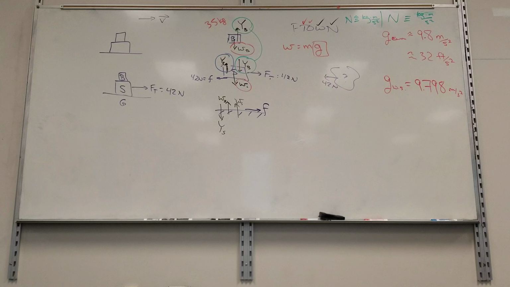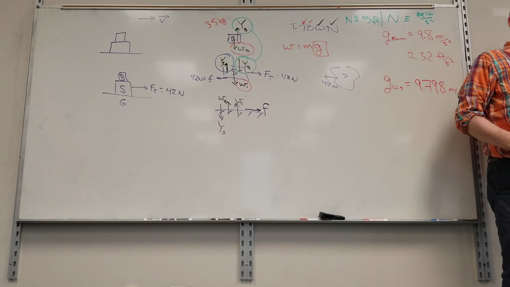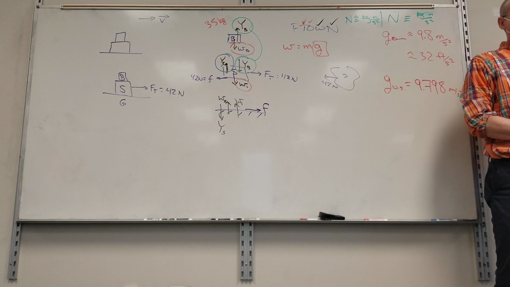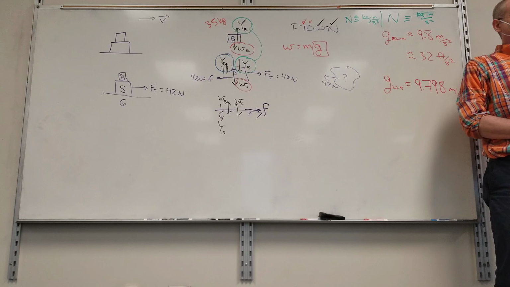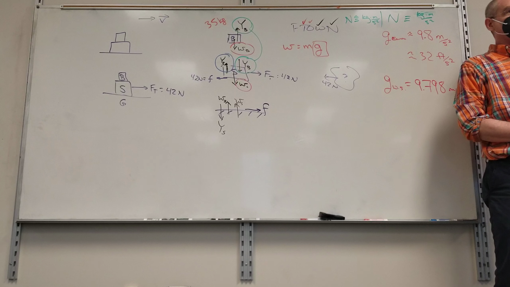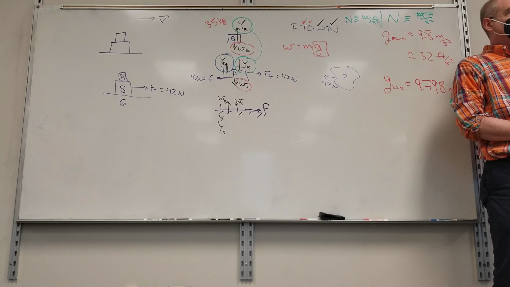Tana? They cancel each other out. Why do we know they cancel? Because he doesn't move up or down at all. All right, so he's not moving up or down at all, its movement is that way. What about the sled? Is the sled moving up or down? No. Therefore, what do we know about the sum of the forces? If they're in equilibrium, what does that mean in terms of the total force? Zero. Yes.